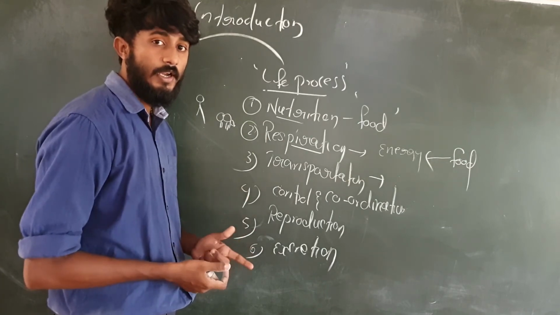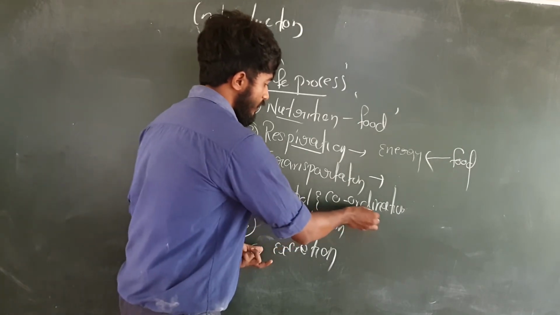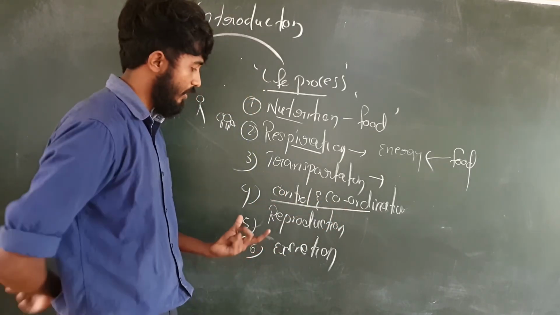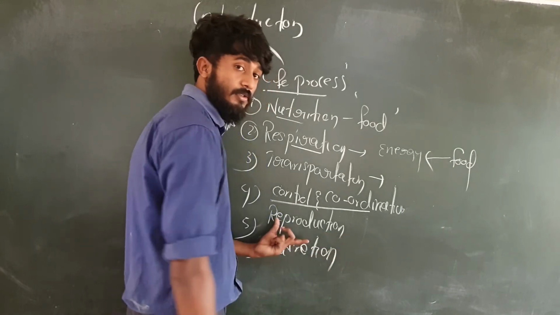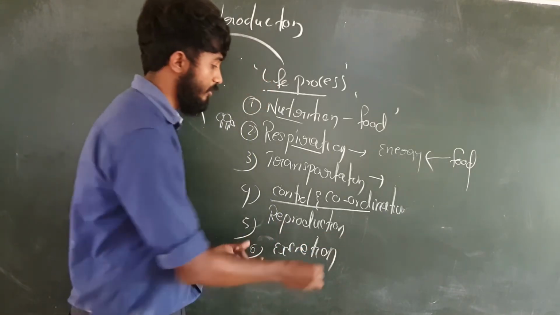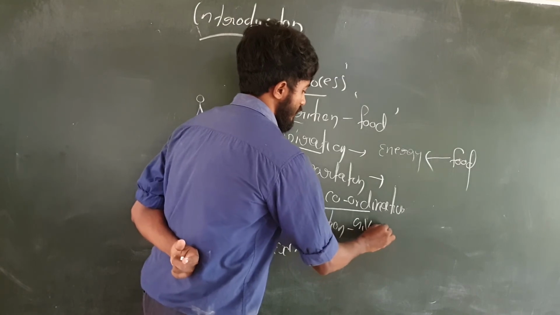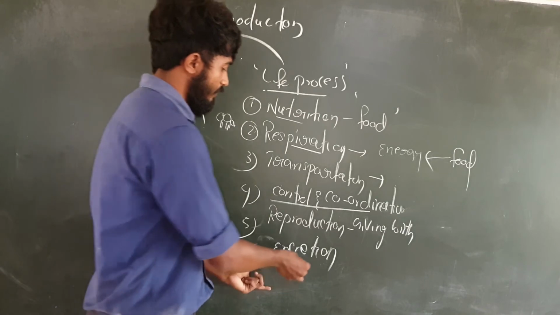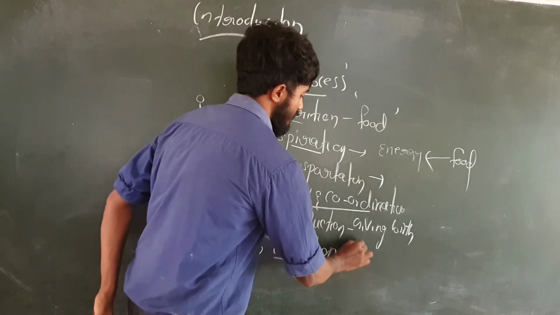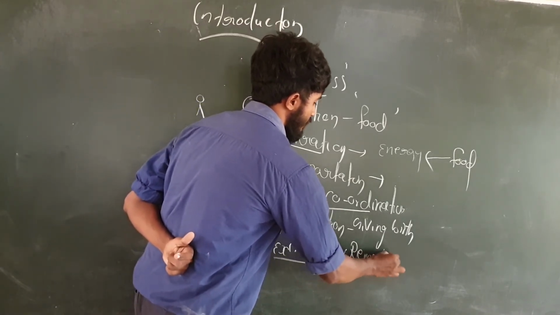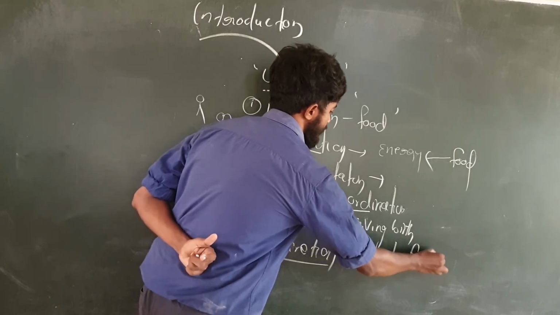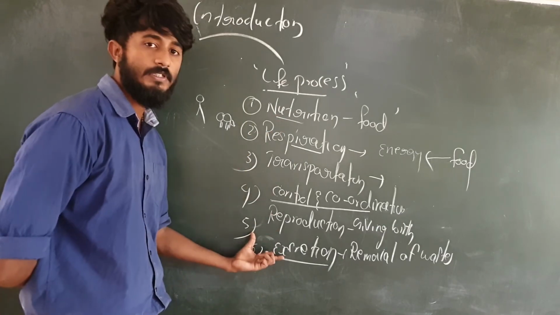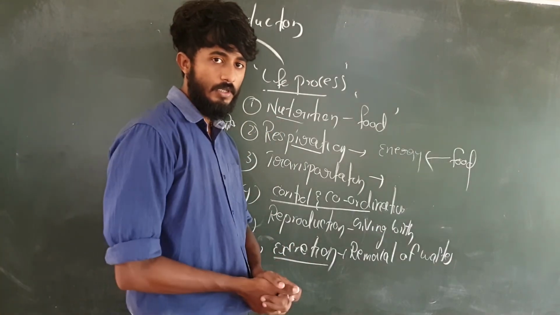These are all instant actions, controlled by control and coordination. Clear? And reproduction means giving birth to living ones. And finally excretion: removal of wastes. So these are the different life processes that exist in a living organism.